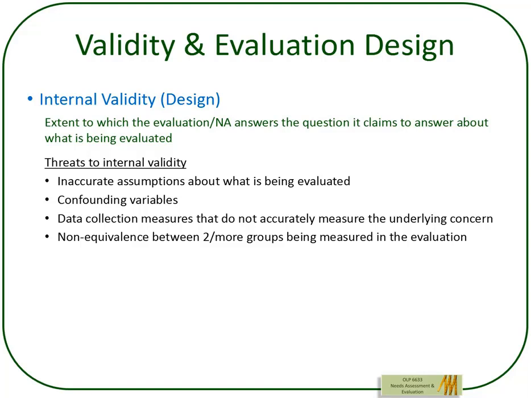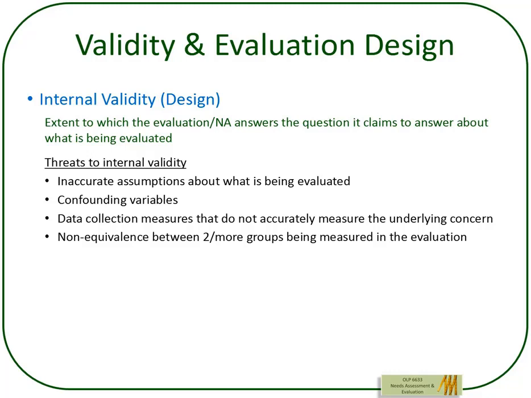But if the groups were made up, one of all brand new coaches and the other of experienced managers and coaches, then those groups are not equivalent. So it's not the fact that one group went through training that makes them non-equivalent, because that's, as you read this week, an example of an evaluation design. But it's the fact that the makeups of the group are not equivalent. So they have very different levels of experience, or some other factor that matters to whatever you're measuring. So those are all threats to internal validity.